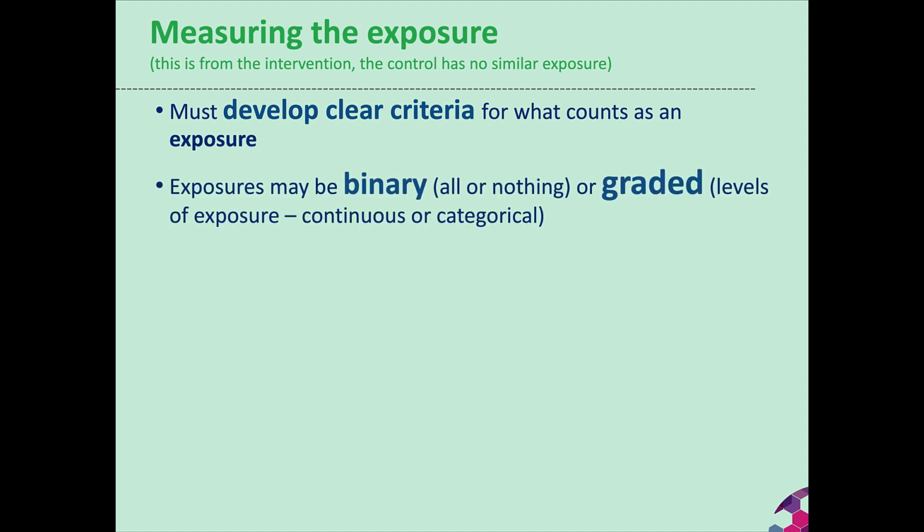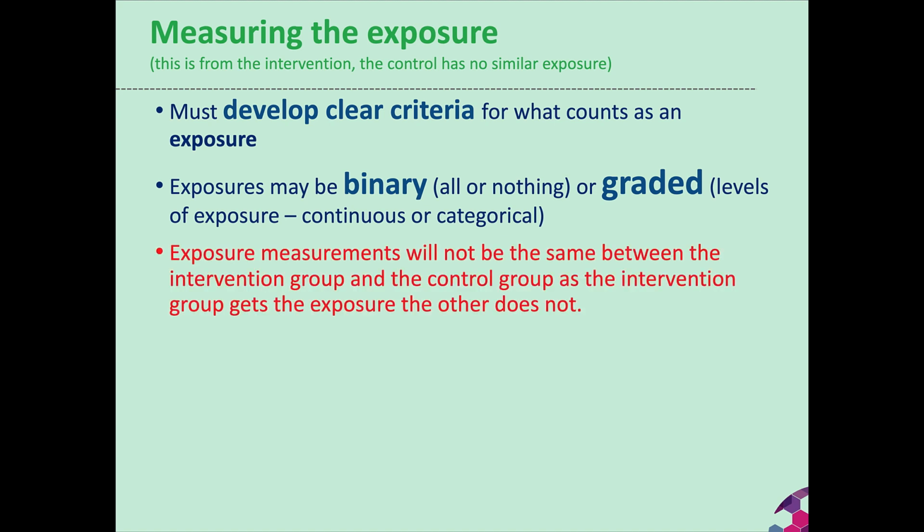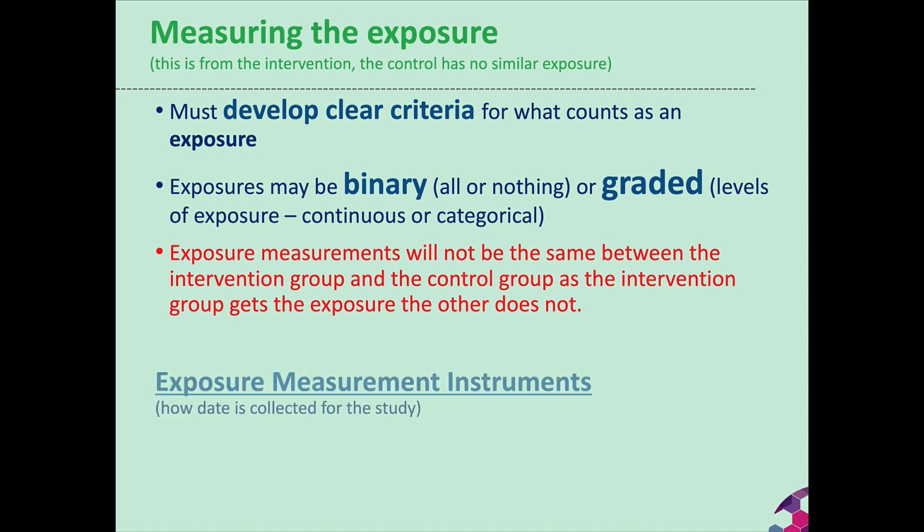Exposures may be binary. Yes, they attended the intervention, or they didn't, or graded, that they attended 4 of the 12 or 8 of the 12 or all 12, and see whether there's a difference in the levels of exposure and the levels or changes in health outcomes. Exposure measurements will not be the same between the intervention group and the control group, because the intervention group is getting the exposure and the control group is not getting the exposure.